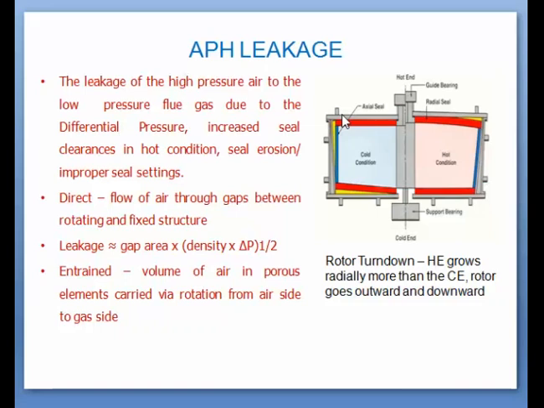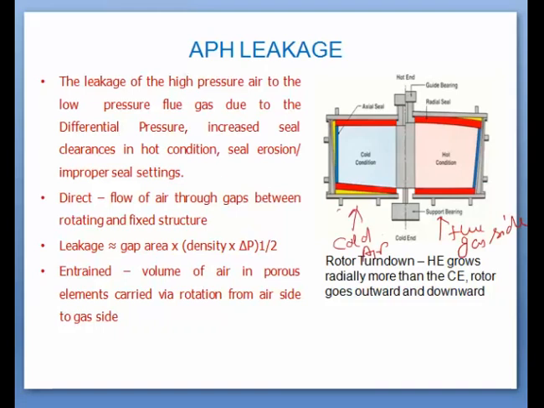That not only affects the performance of the air preheater but also affects the thermal efficiency of the power plant. This air preheater leakage actually occurs because of the pressure difference between the high pressure of the air side and the low pressure of the flue gas side.